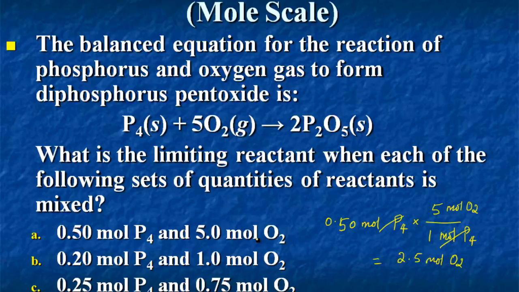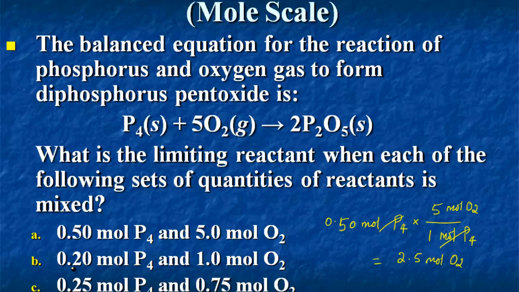Then compare that amount with what is actually given to you. If you are given more than what you need, then that is present in excess. If you are given less than what you need, then that is the limiting reactant. Let's do the rest of the cases also so that it will become more clear to you.